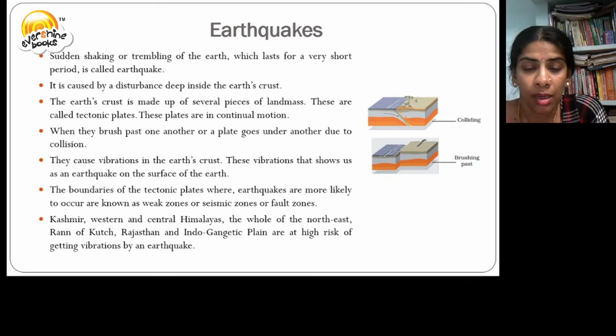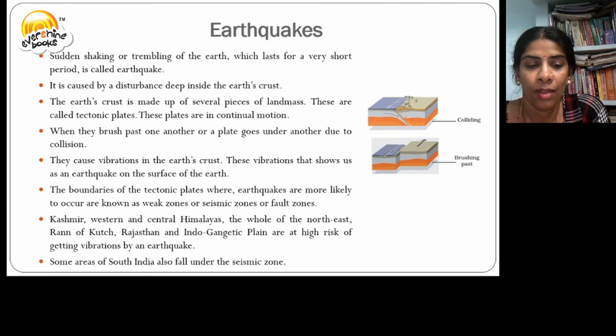The main high-risk places are Kashmir, Rann of Kutch, Rajasthan, western and central Himalayas, the whole of the northeast, and Indo-Gangetic plains. There are some South Indian areas also which fall under seismic zones.